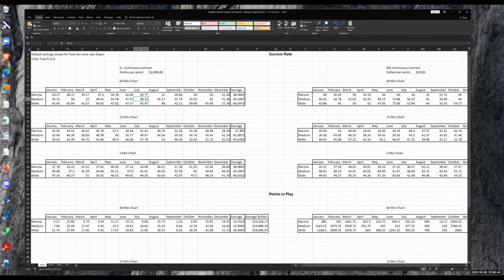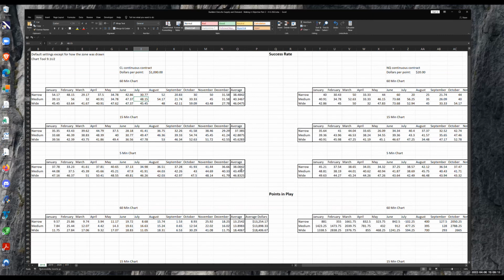That's not much at all and could well be within the margin of error. So a slightly larger gap here in the medium size zones. And we actually had the 15 outperform the 60. But again, it's not a huge difference. When we go to the wide zones, the difference is very small, less than a point.